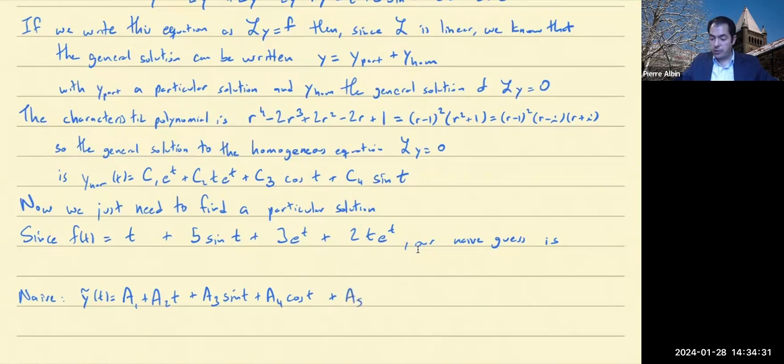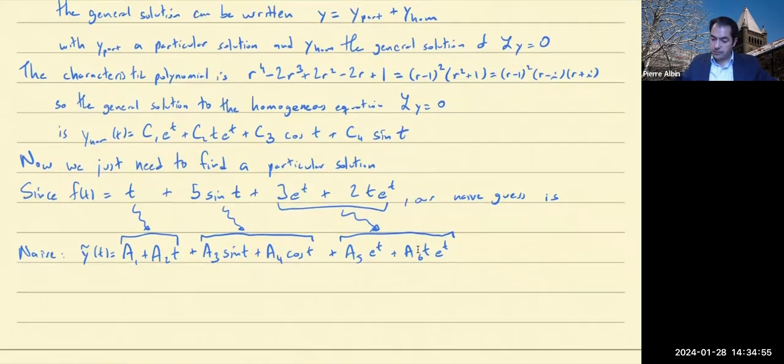So I should include a polynomial of degree 1 times e to the t, right? So these two terms came from this one. These two terms came from this one. And then these two terms came from these two. Right? So this is our naive guess.